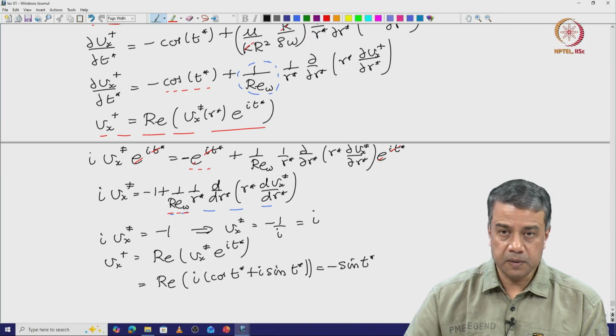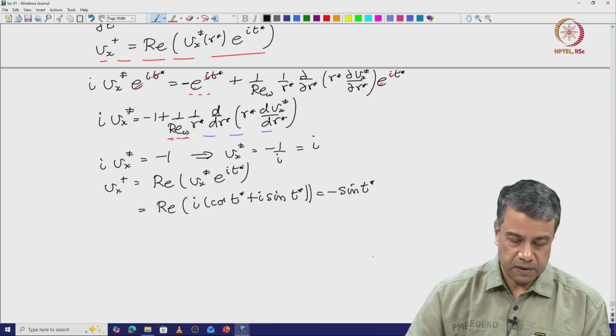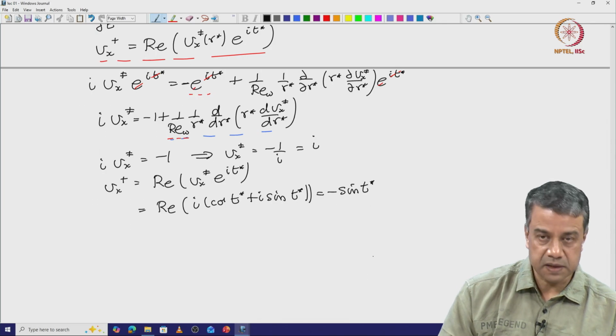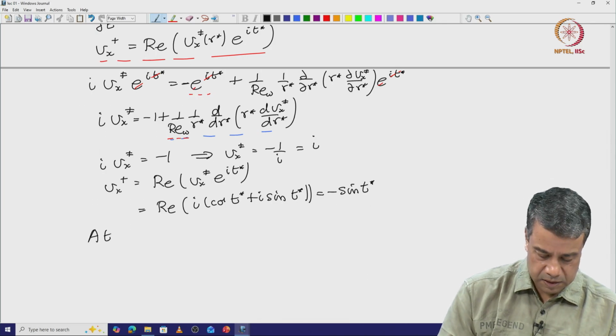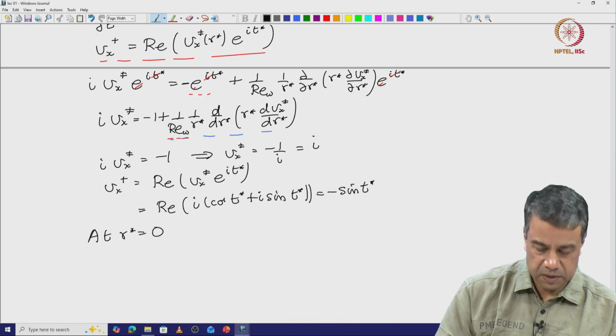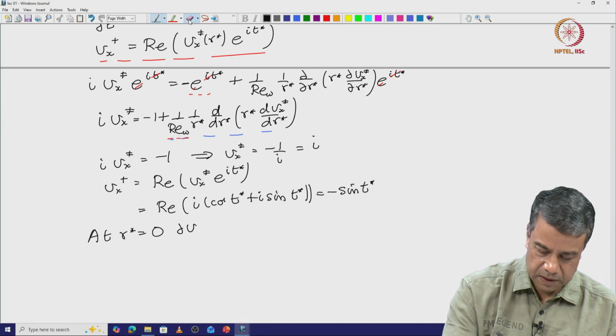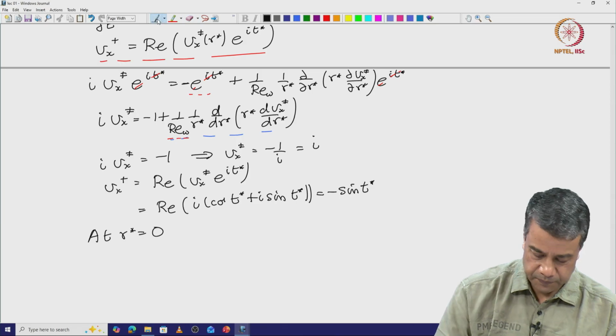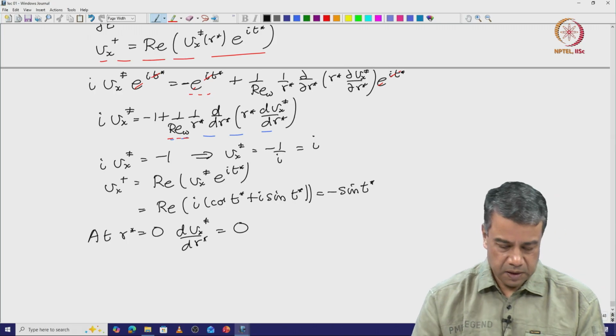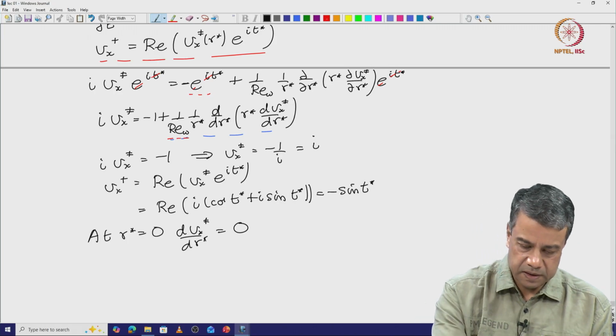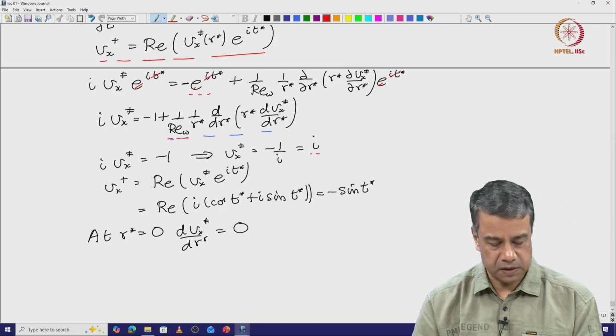And now we have to apply the boundary conditions. We have to apply the boundary conditions, that is at r star is equal to 0, the symmetry condition, or in this particular case the total derivative d Vx by dr is equal to 0, and you can see that since Vx double dagger is a constant, it does satisfy that condition.